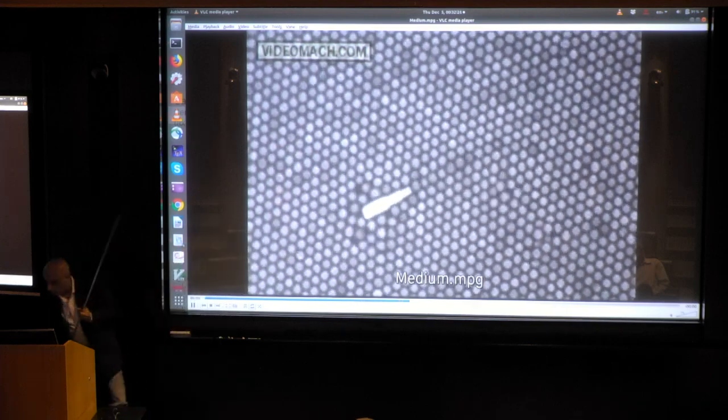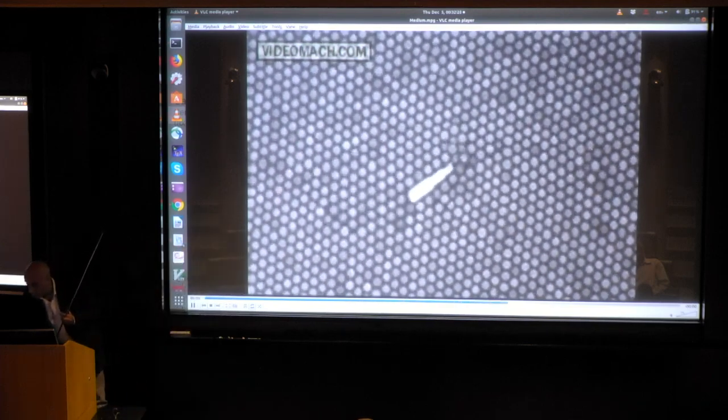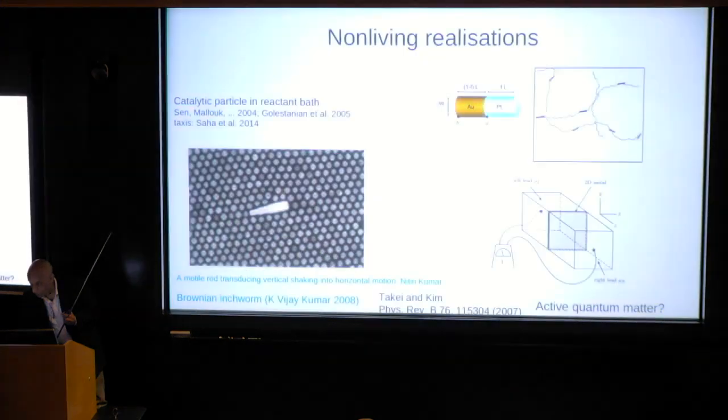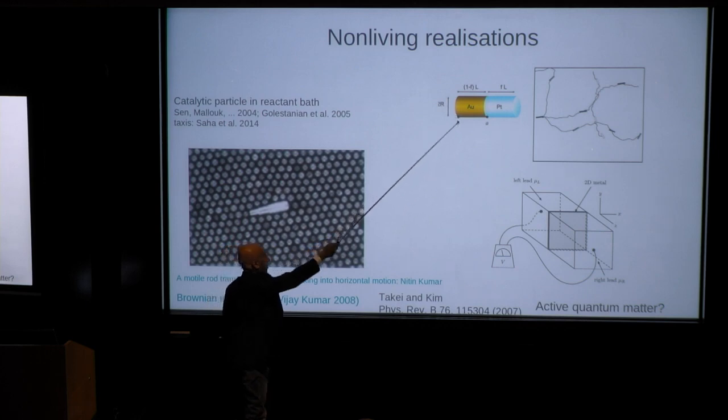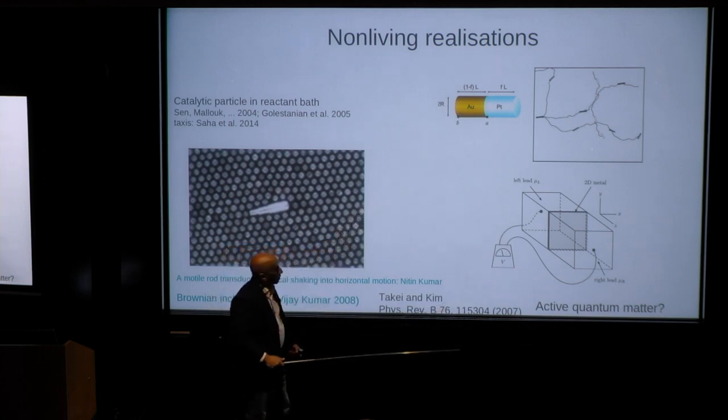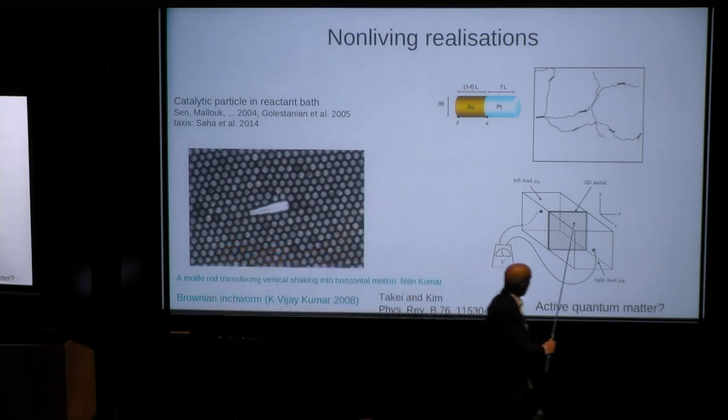So it's legit to call this an active system, and it's legit to use systems like this to test your ideas on active matter. There are many other realizations, some of which I think Mike mentioned, like rods propelled by chemistry. You could even imagine taking a two-dimensional, say a 2D metal or something, and placing two of its faces in contact with leads which are maintained at different thermodynamic conditions.